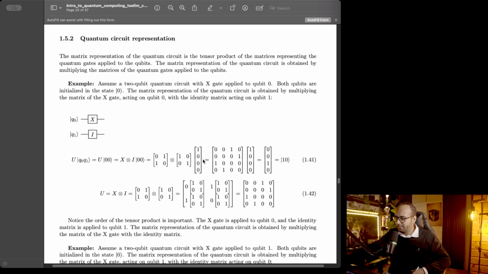Then I can put the 2 matrices, the first corresponding to the X gate and the second corresponding to the identity, and together I get one big matrix that acts on my Hilbert space representation, the column vector of the 2 qubits. Then I get the result, which is that the first one has been inverted. We see it here.